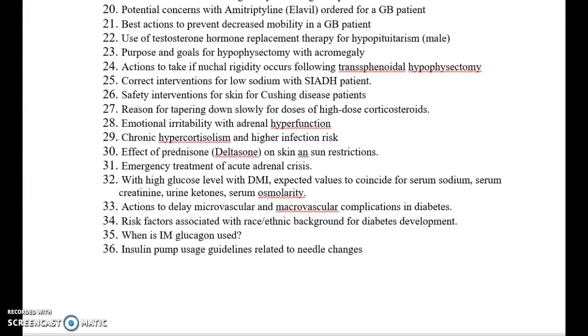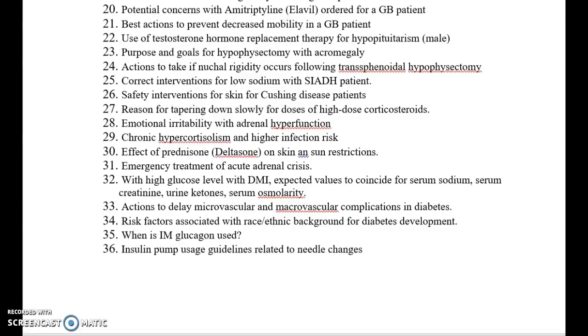With adrenal hyperfunction, these are patients whose adrenal glands are firing at a big rate with too much steroids, and because of that, patients are going to have emotional irritability. They might get irate easily. Just be aware that that is very common.